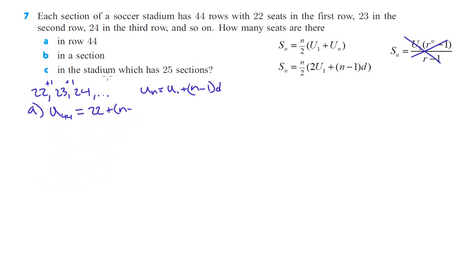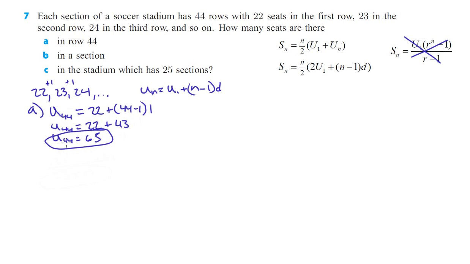But actually our n is 44, because that's what we put in for n. So that's 44 minus 1, all times the difference, which is plus 1. So U sub 44 equals 22 plus 43, since 43 times 1 is still 43. So the 44th row should have 22 plus 43, which gives us 65 total seats.